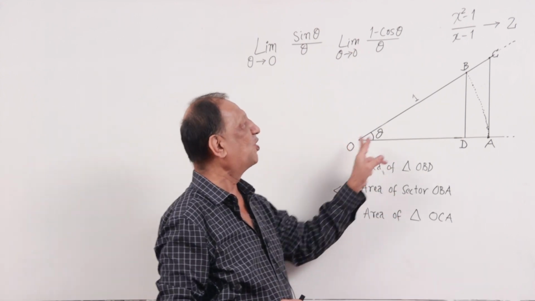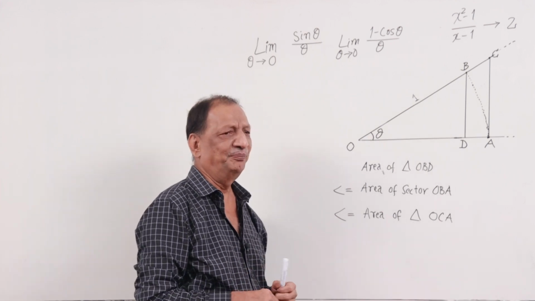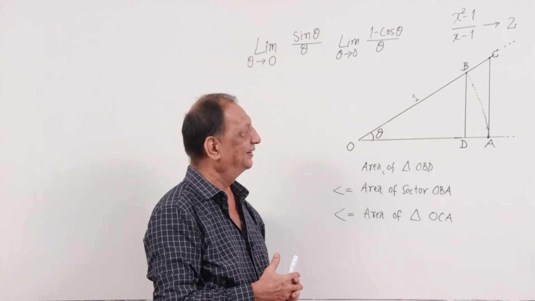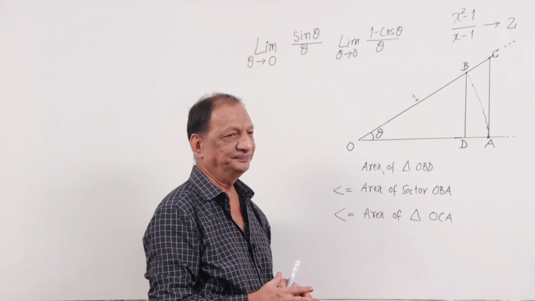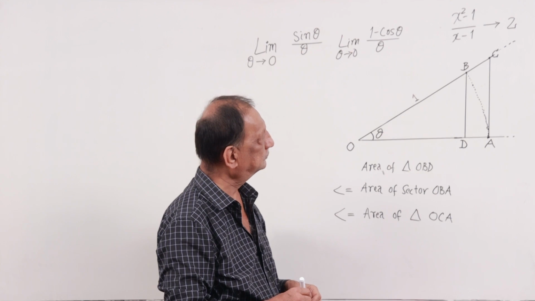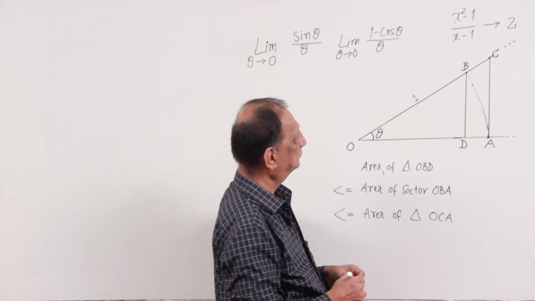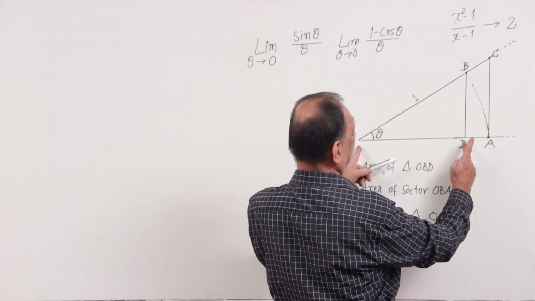Now, what is area of OBD? We will start calculating the areas. Is half base multiplied by height. Correct? So what is that? What is the base?